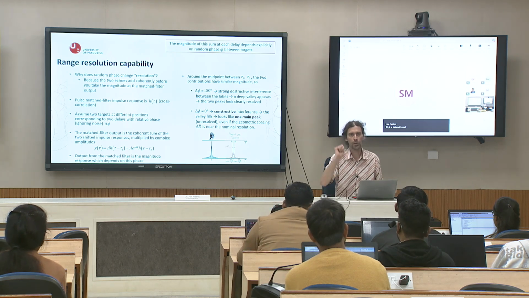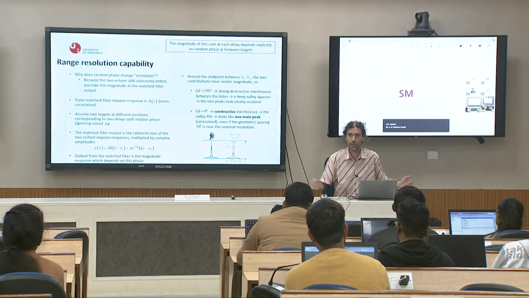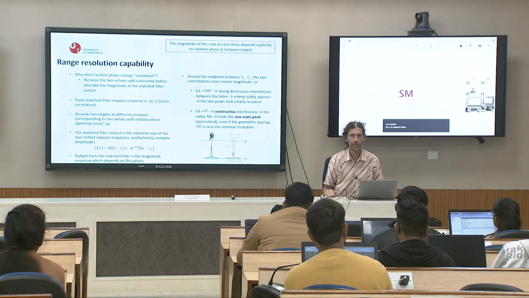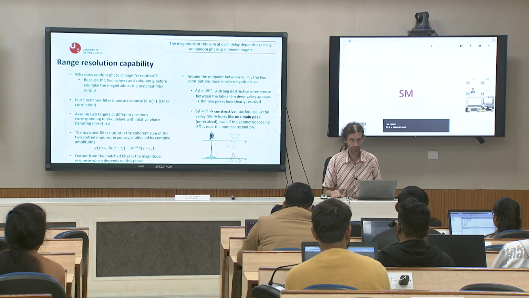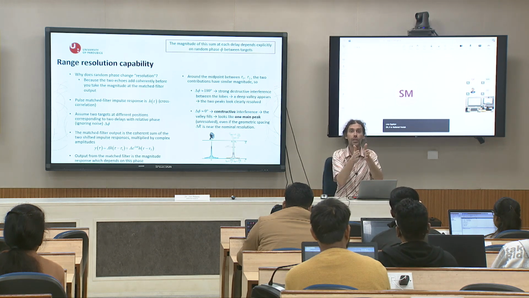And how can you recognize which phase it will be? It is a random variable. It depends on target movement when you get the reflection. So it depends not only on the amplitudes of reflection, but also on the phase difference between these two targets, because it is a complex amplitude.